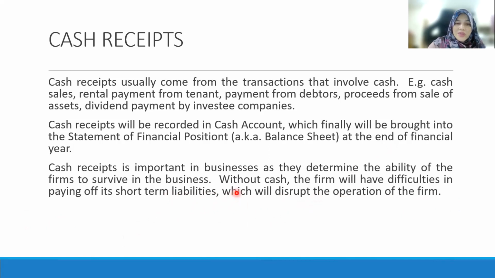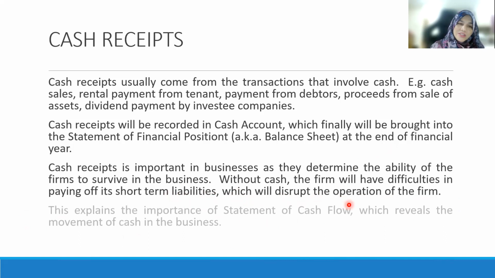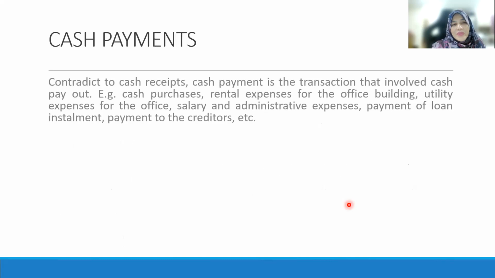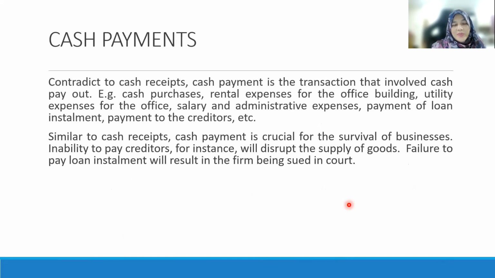The electricity will be cut off. So that's the implication if they don't have enough cash. This explains the importance of the statement of cash flow, which reveals the movement of cash in the business, right? Okay, so this is about cash payment, which I already mentioned to you.